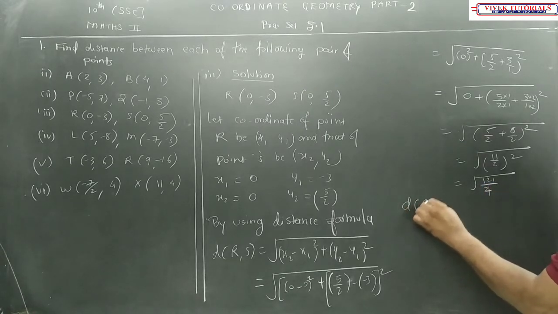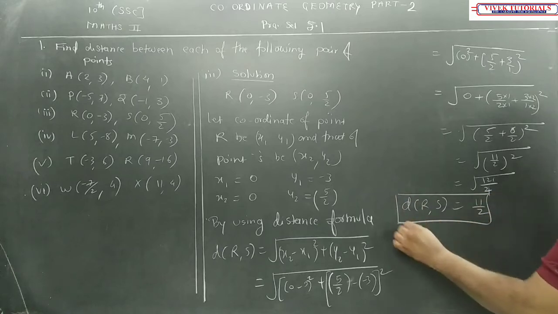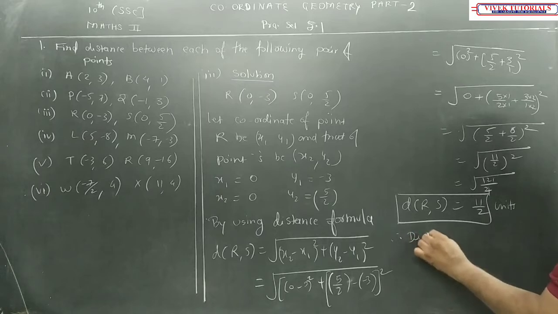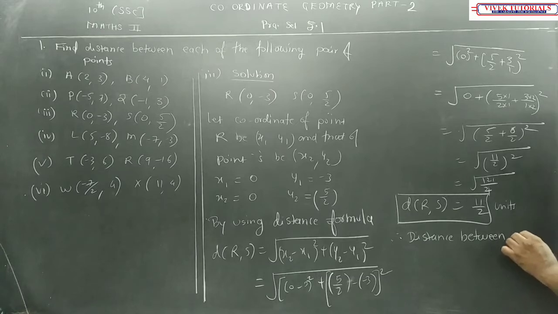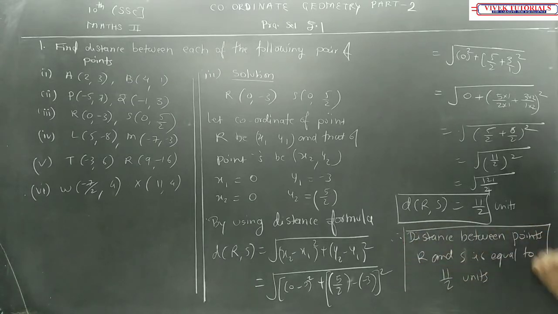So distance RS is equal to square root of 121 is 11, square root of 4 is 2. Therefore, distance between points R and S is equal to 11/2 units. This you are going to put in a box. This is your final answer. Copy down it properly.